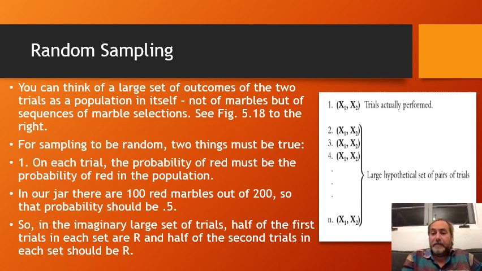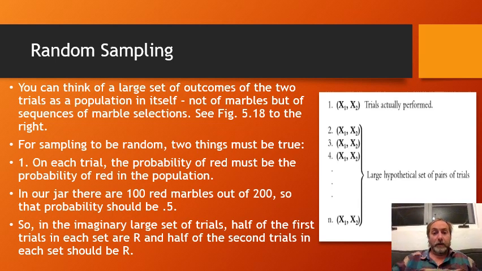Each one of those would end up being one of those four possible ones. It would be an RR or an NN or an RN or something like that. But you can imagine doing as many trials as you like, so many that it starts to look like a population in and of itself. So we can talk about probabilities or frequencies in that sort of imaginary population of trials. If I do these sets of two over and over and over, what sort of trends will I see?